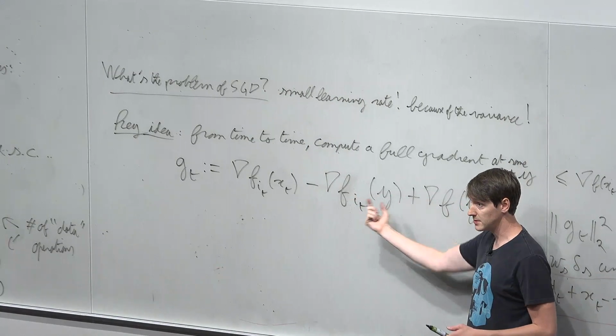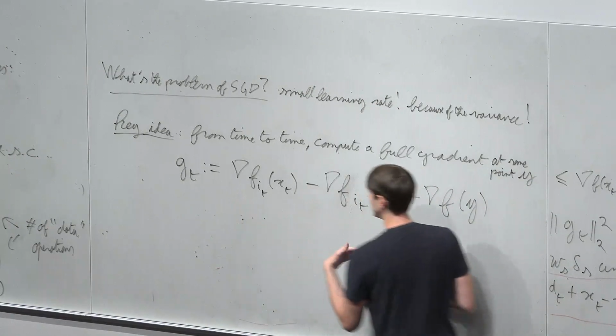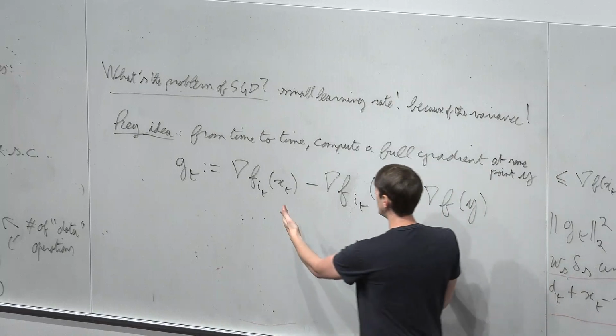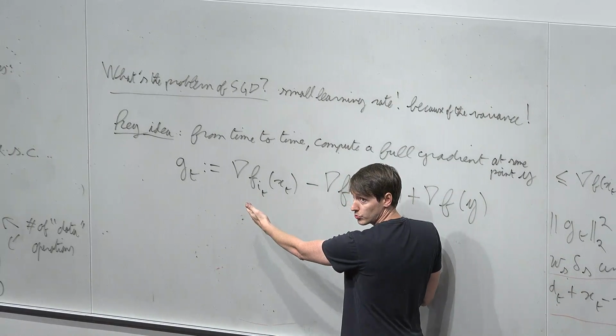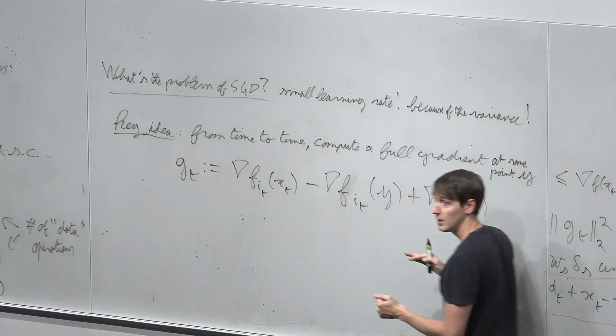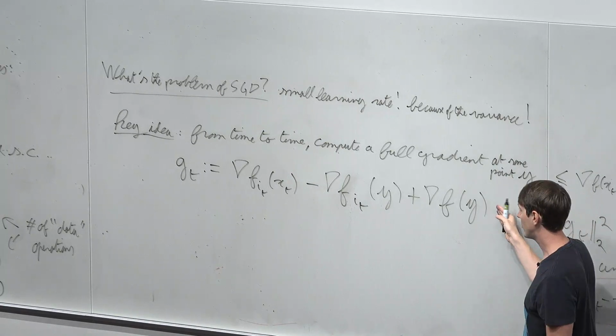So those two things cancel each other. But now you see that I win, because if I get close to the optimum, this guy should be small. But if I'm close to the optimum, maybe x_t and y are also close to each other, and then I can invoke smoothness, and this is also small. So this has some hope of having this self-tuning of learning rate.